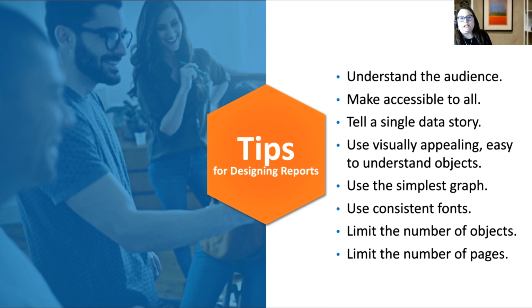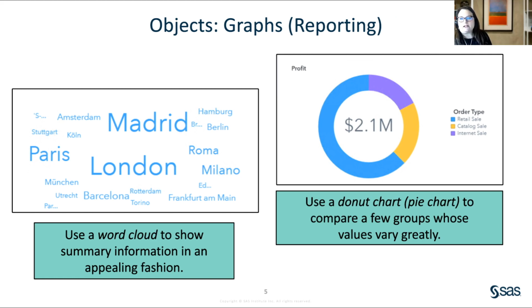And then you want to keep it visually appealing. I know there's lots of different objects available, but if you can tell the story with the most basic object, maybe a bar graph, then that would be the best object to use, even though we have a lot of really fun visualizations. So let's just take a look at this idea here about graphs for reporting.